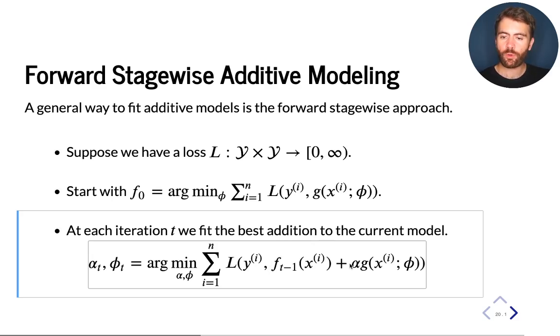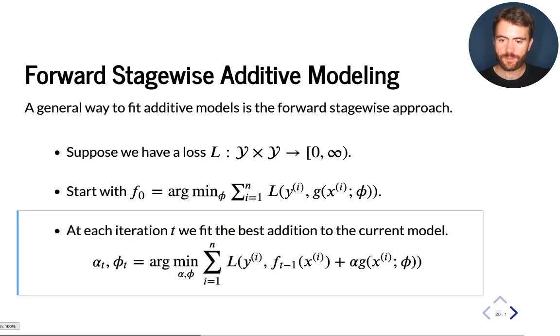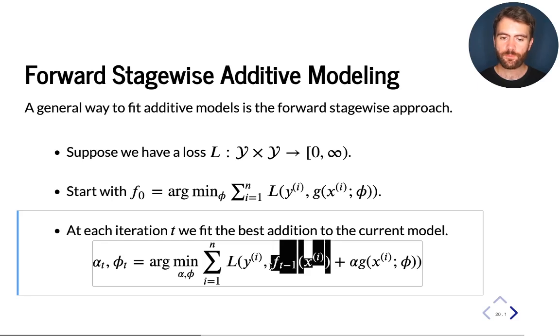And now I want to add another one. And I need to determine its parameters phi and weight alpha. The way that I'm going to do this is I will solve this minimization problem, but I will keep this part fixed, and I will only optimize over the alpha and the phi of the new model.